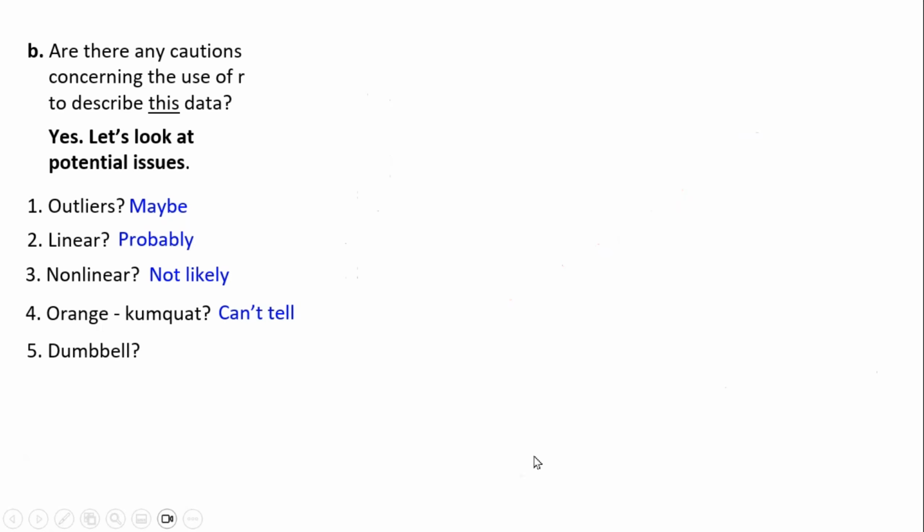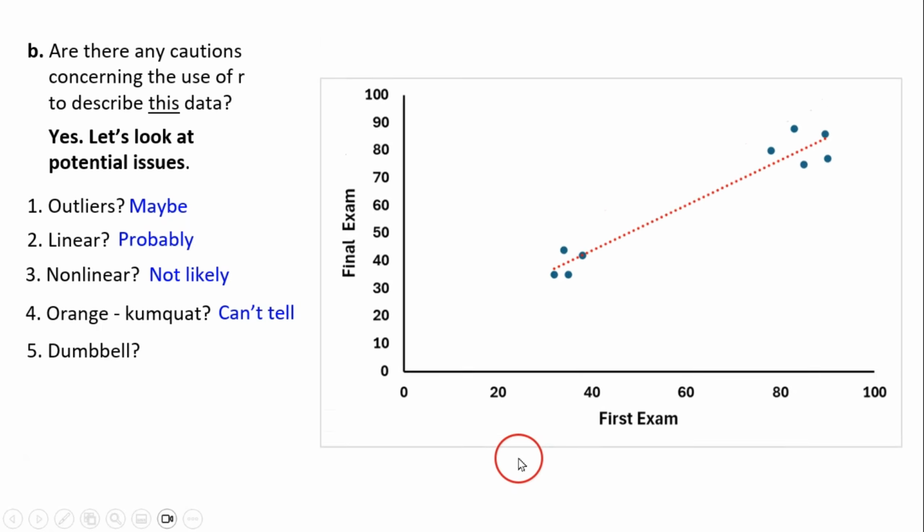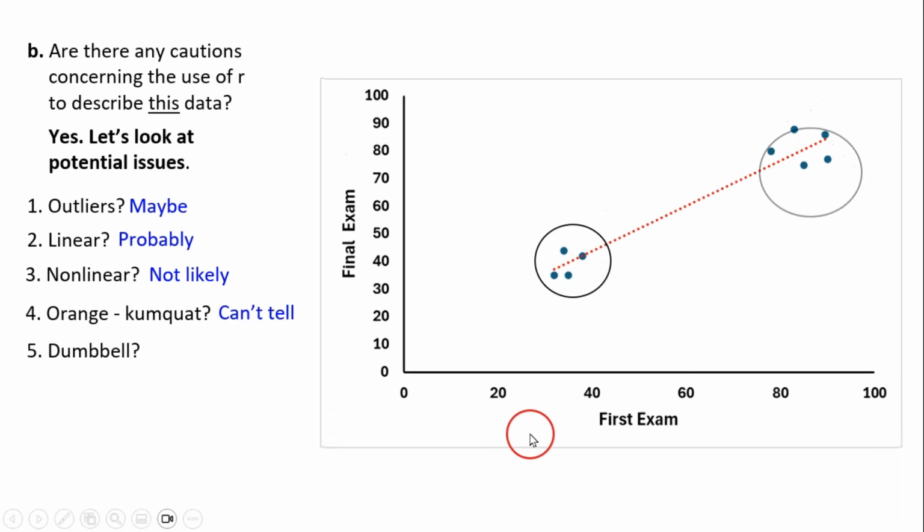The next one is called the dumbbell phenomenon, and that's similar to the orange kumquat. It's a case where you basically have two clusters of data that can be joined by a linear line. And once again, you can't make any conclusions about this because there's no data in the center.